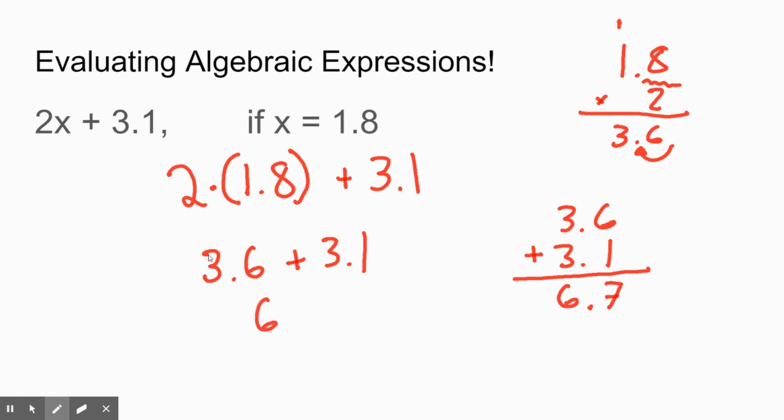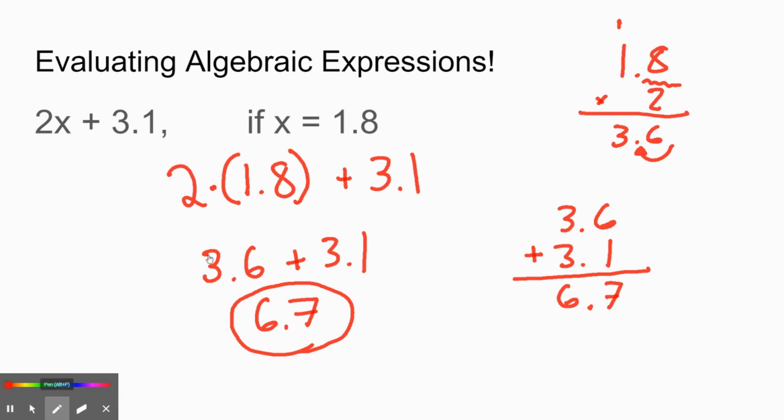So if we evaluate this expression, our solution is going to be 6.7. So nothing too bad. Really, the only new part is making sure that we substitute in our value, and then from there it's all just PEMDAS again. There's nothing new at all.